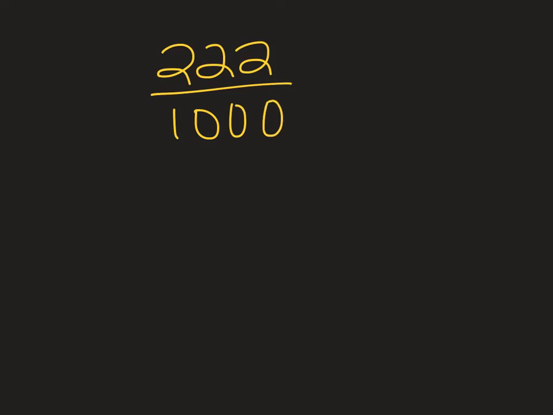Try another number. How could I write 222 out of 1,000? So here's 222 out of 1,000. How could I write this as a decimal? Well, this is read as 222 thousandths and is represented by the decimal 222 thousandths.